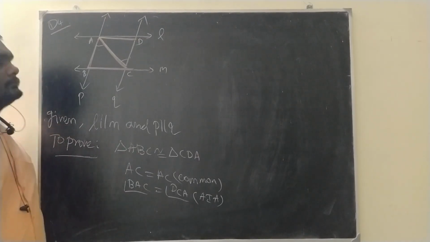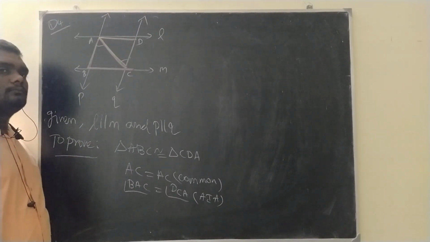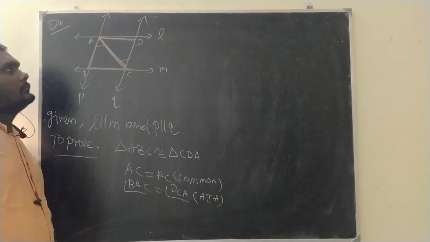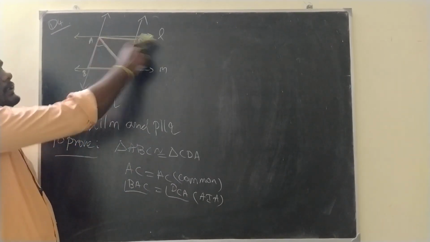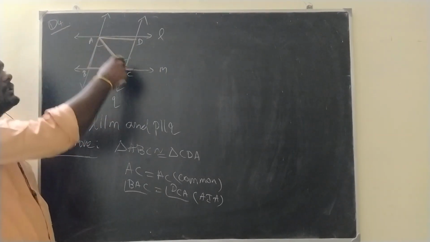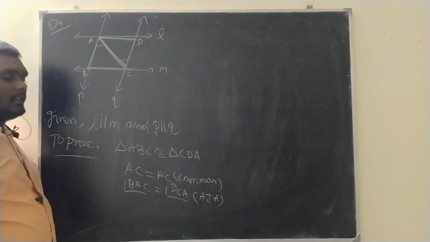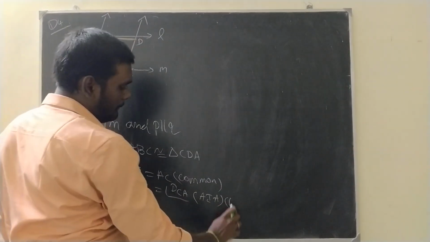Okay. If you take LM, this is L, this is M. Alternate interior angles means this also will come, this outside also will come. We can't say this for L and M. This is for P and Q.